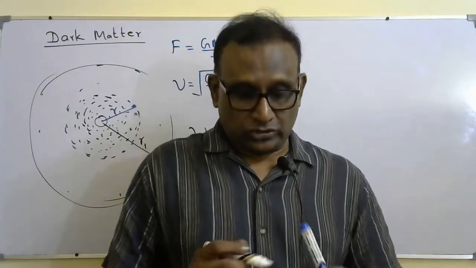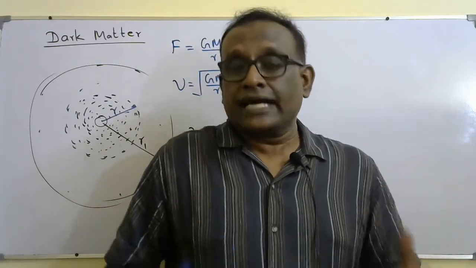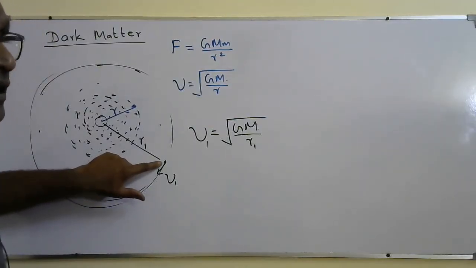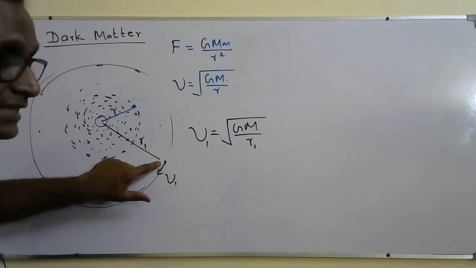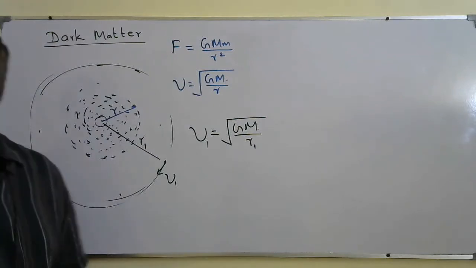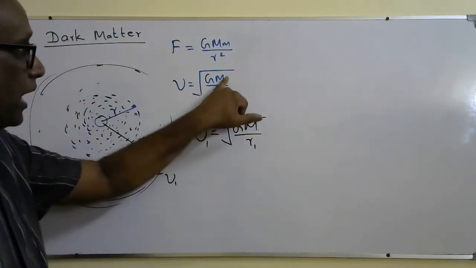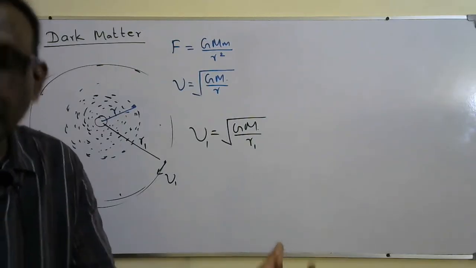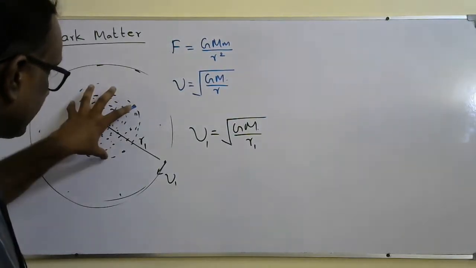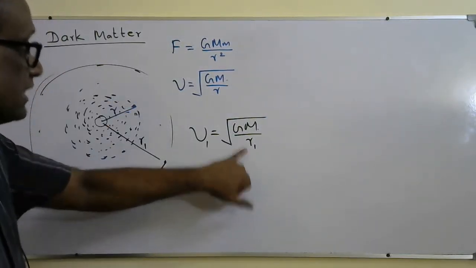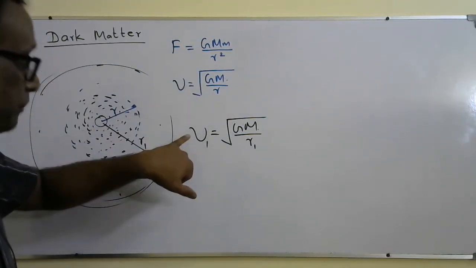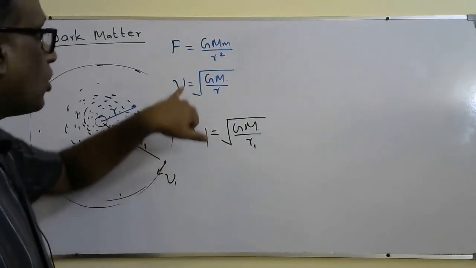But when scientists measured the speed of a star far from the nucleus using satellites, they found speed v1 and speed v are almost the same. R1 is much larger than R, so v1 should be much smaller than v, but they observed v1 is almost equal to v.